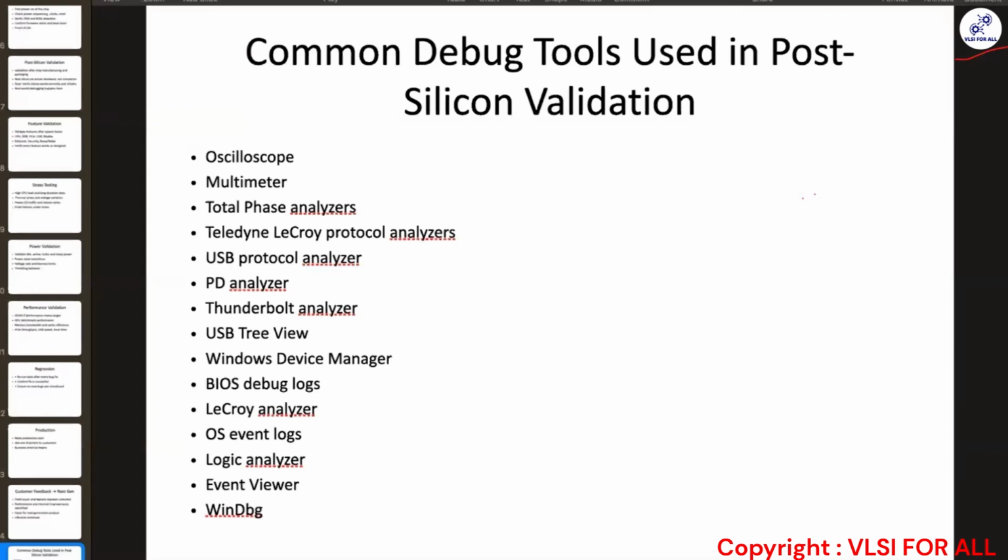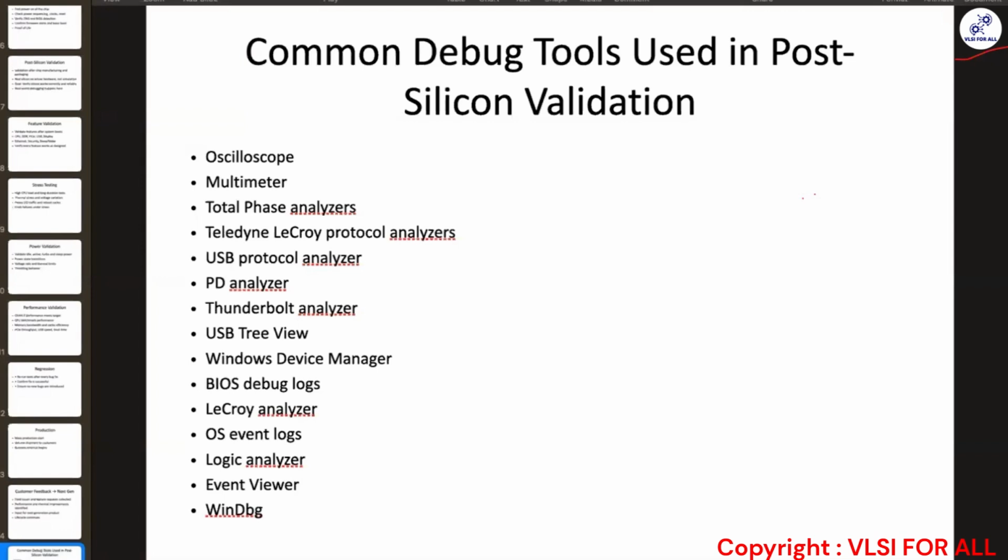You can probe and check how the signal is behaving. Then you have your multimeter. Multimeter is something I think everyone will know, just to check the power measurements: what would be the voltage, what would be the current, you can directly probe and get it.